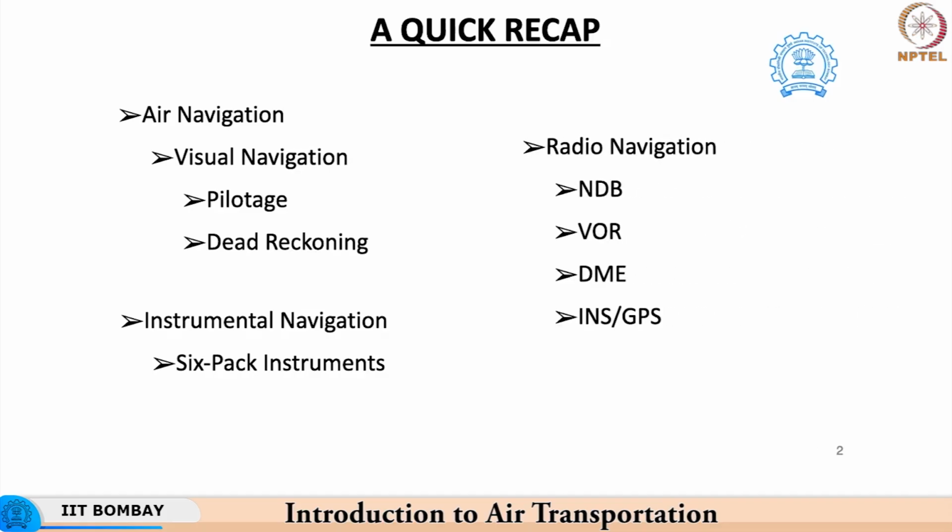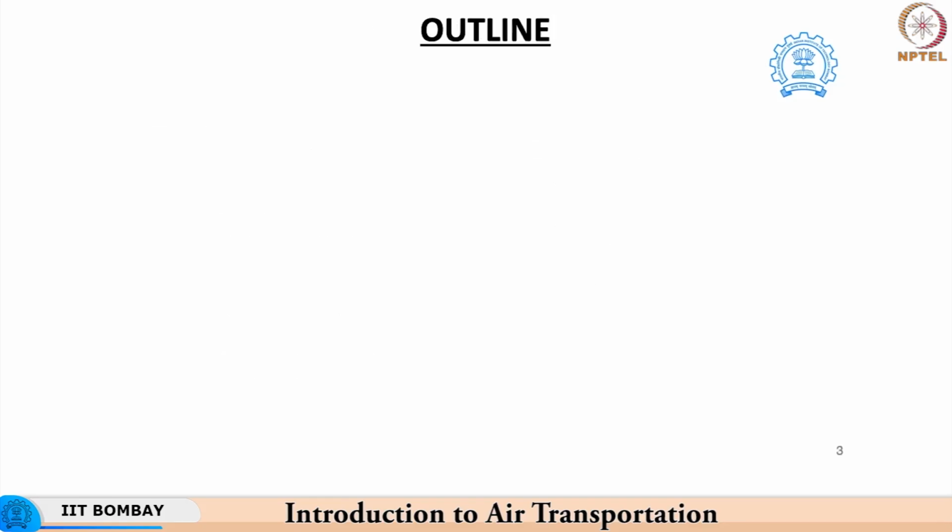In the second part of our air navigation topic, we dwelled into the different topics associated with radio navigation, why radio navigation is important, and subsequently the different equipment and techniques used to carry it out. Most notably, the equipment that we described were NDB, VOR, DME, and other navigation technologies like INS and GPS. Let us have an overview of what we will cover in today's presentation.